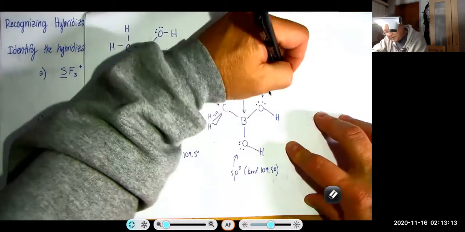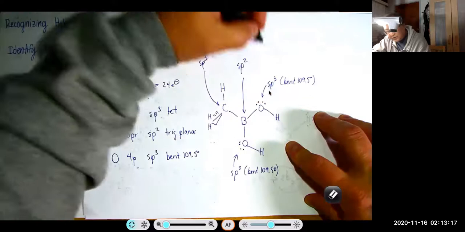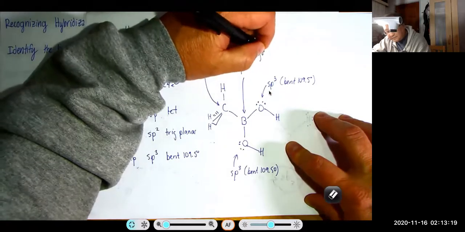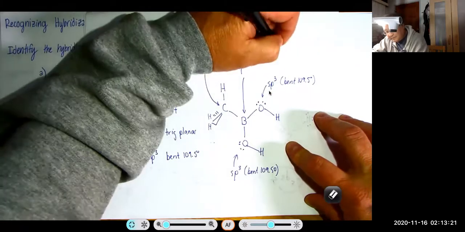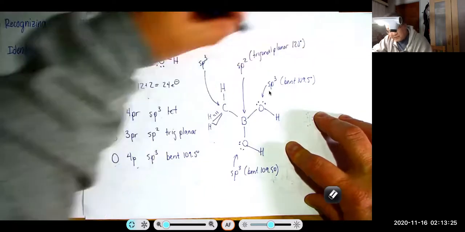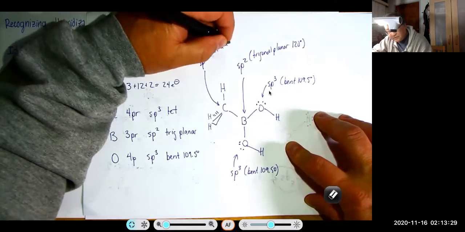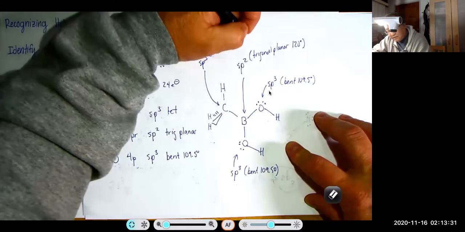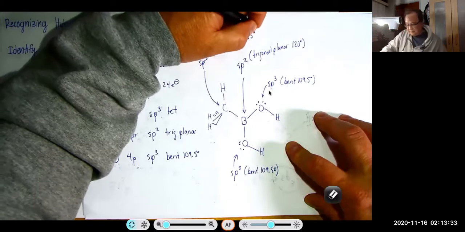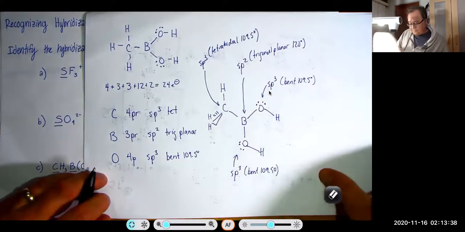This one is bent 109.5. This one is trigonal planar 120 degrees, and this one is going to be tetrahedral 109.5. Okay, so that's it for that problem.